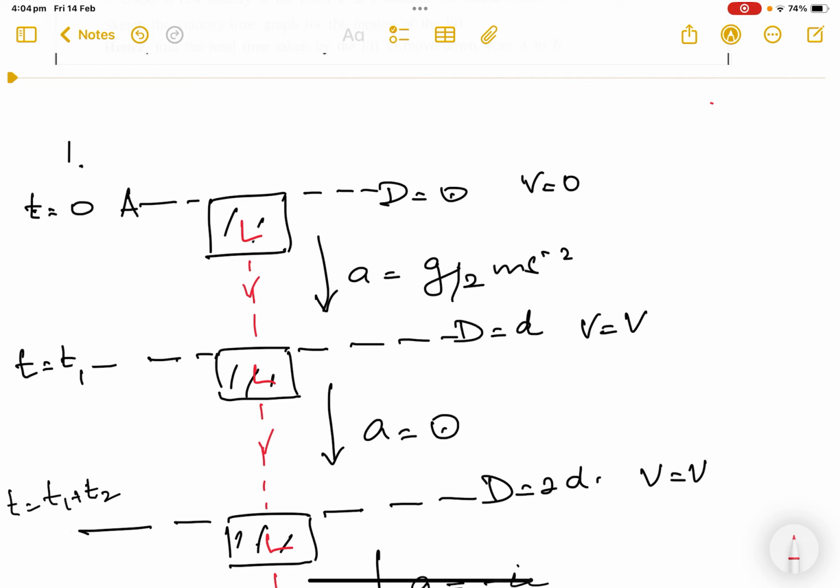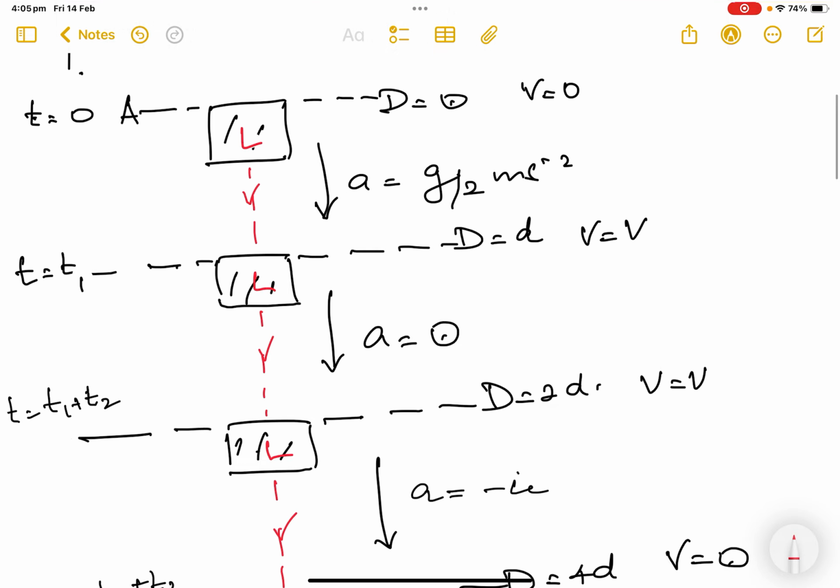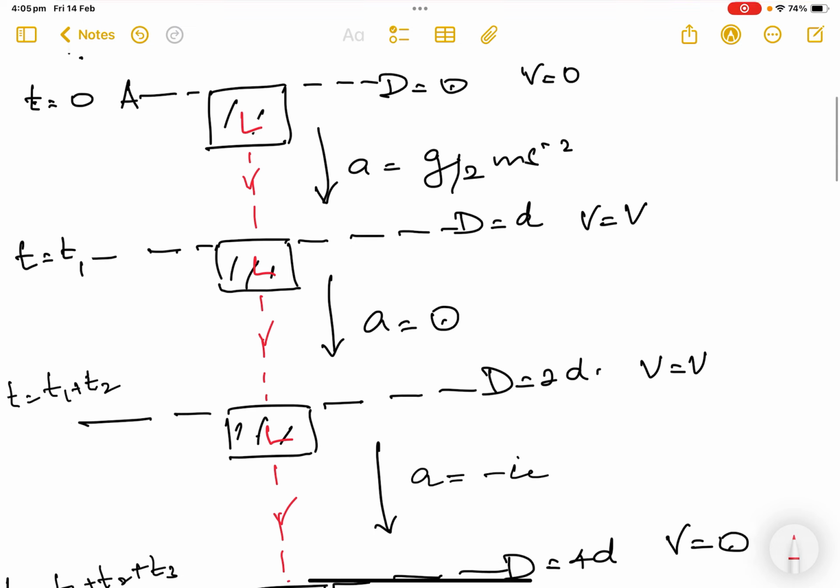The time taken to travel that d was t1, and the velocity attained at the end of that d distance is taken as v.